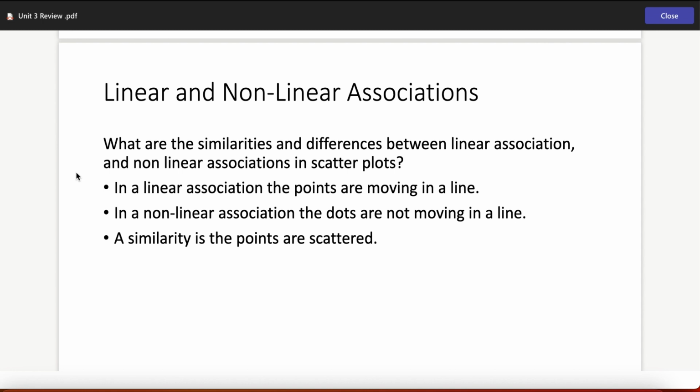In a nonlinear association, the dots are not moving in a line. And the similarity is that the points are scattered in both linear and nonlinear associations.